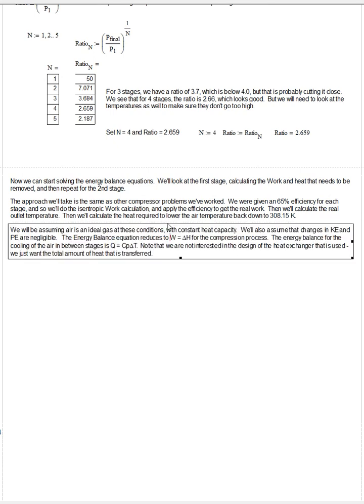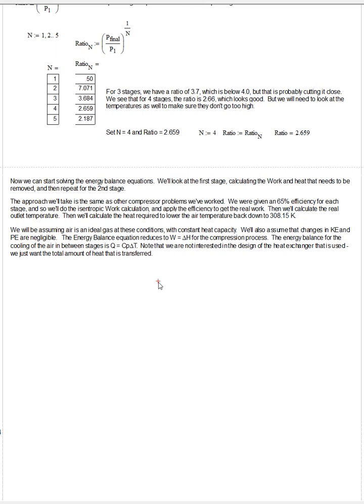So like our other compressor problems with our energy balance, we assume that the changes in kinetic and potential energy are negligible. Remember, we're also assuming that air is an ideal gas. That makes things a lot easier for us in the calculation steps. And we're assuming that we have constant heat capacity, so that makes things easier too.